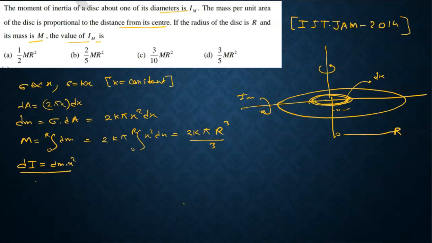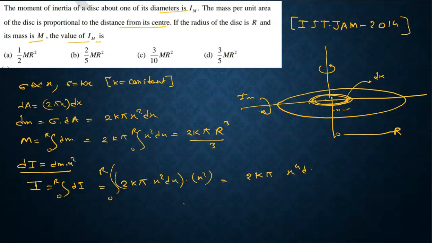So the total moment of inertia, integration of dI from 0 to r, equals 2k pi x square dx into x square, integrated over 0 to r, that is 2k pi x to the power 4 dx, integrated over 0 to r, which equals 2k pi r to the power 5 by 5.